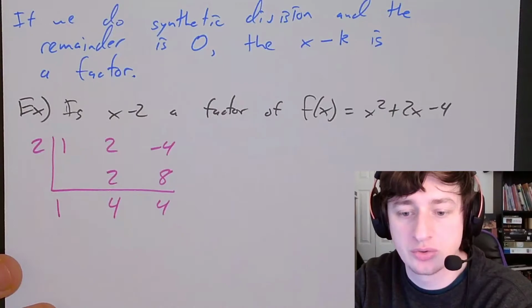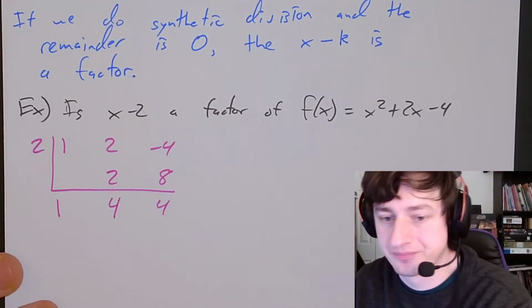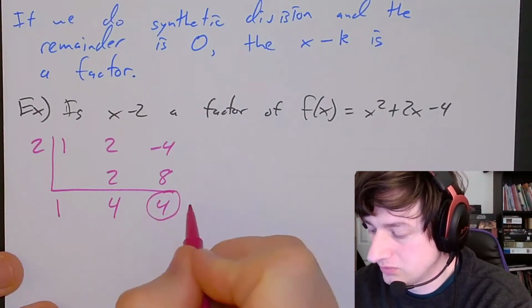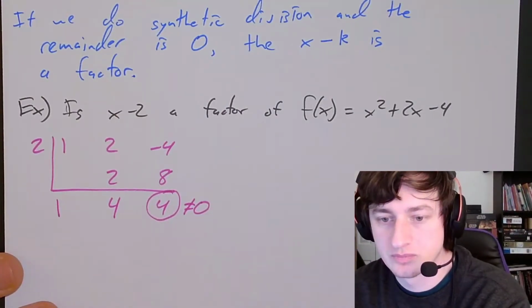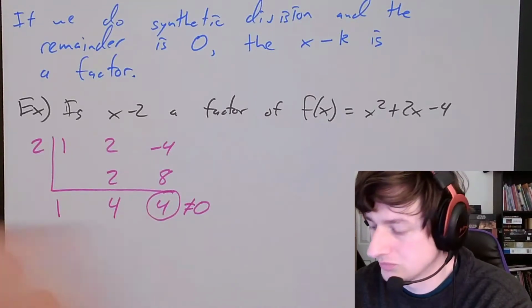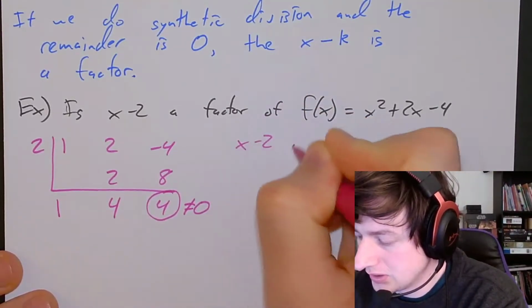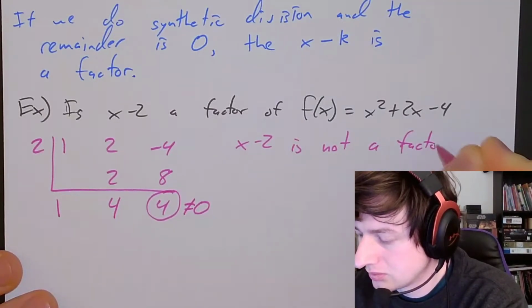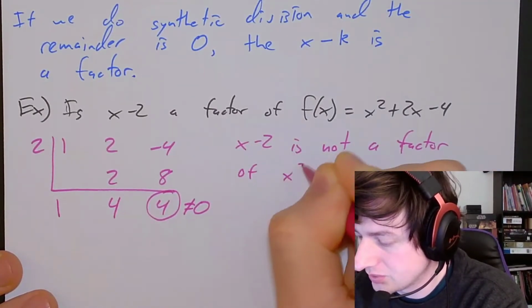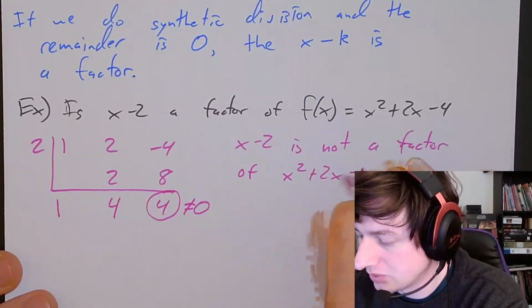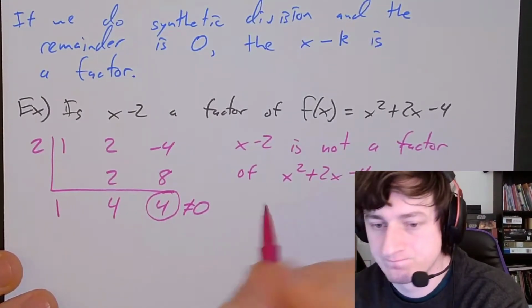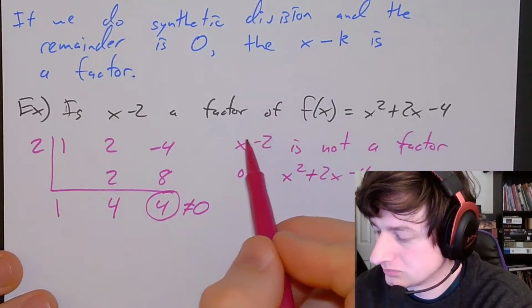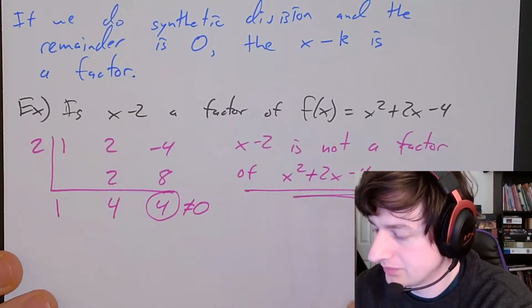In other words, this is not 0. So x minus 2 is not a factor of x squared plus 2x minus 4. This would be our true statement.